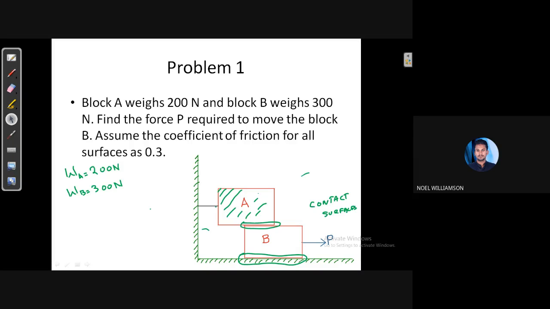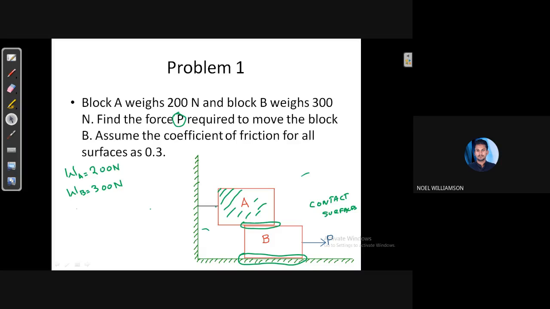So here in the question we are given the weights as 200 Newton and 300 Newton for blocks A and B. A force P is acting in this particular direction, and the coefficient of friction for all surfaces is given as 0.3.